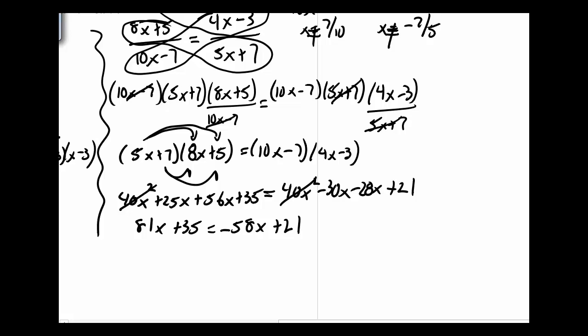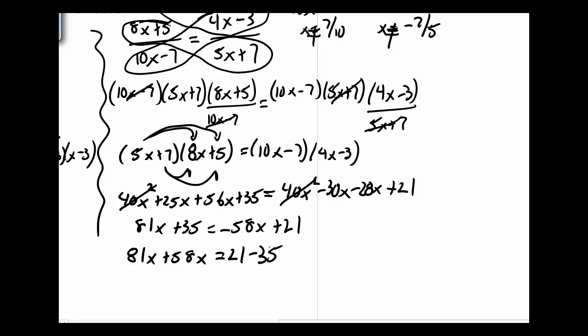And then it's just a matter of adding and subtracting. When I take the 58 and bring it over, I'm going to add 58, so 81x plus 58x. And when I bring the 35 over, we're going to be subtracting 35 from both sides.